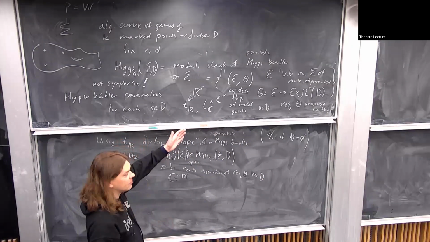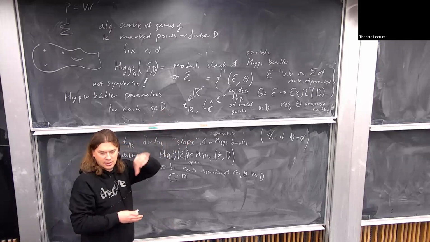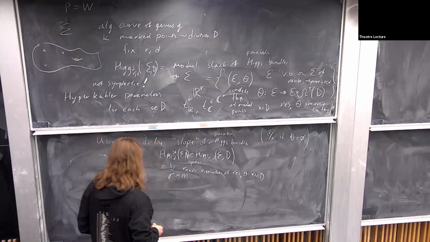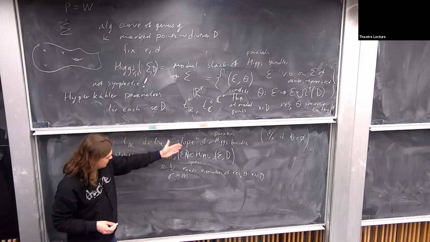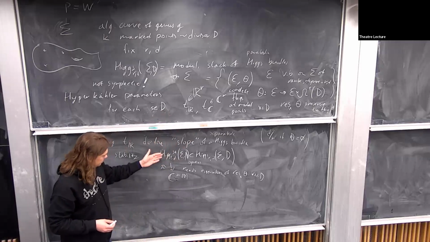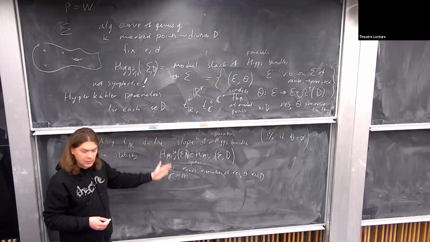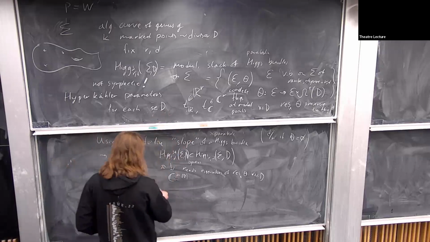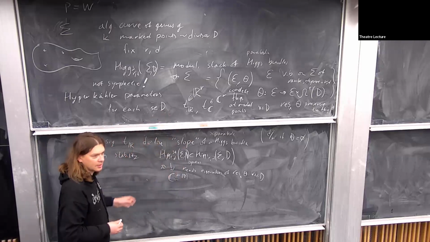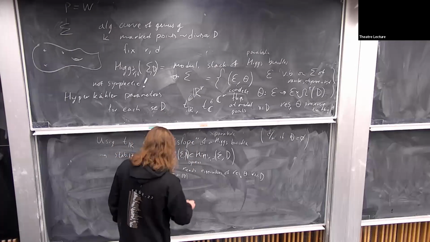Because you have a complete flag and the residue is upper triangular, you just take the diagonal. And so this thing is not symplectic, but the fibers of this are symplectic. So these are the symplectic leaves of this big thing. The fiber.